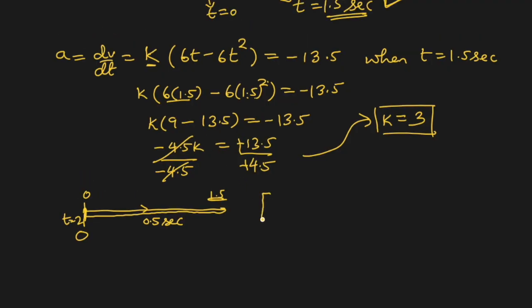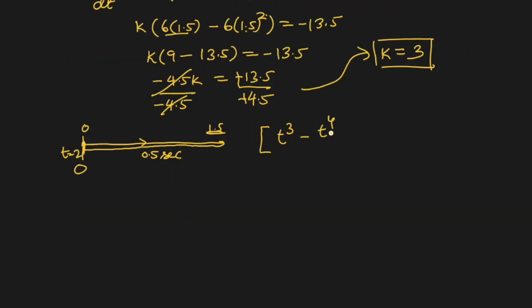So we will write t cube minus t to the power 4 over 2. There's no need to write c anymore because it will get cancelled from 0 to 1.5 seconds. And there was 3k outside, right? And we will double it later.